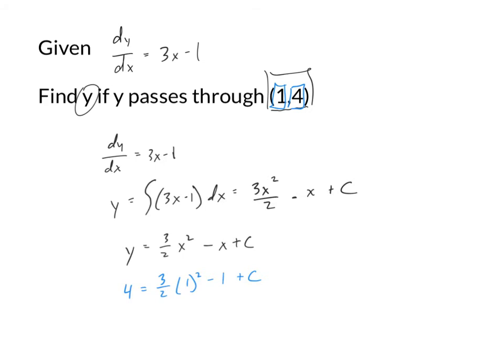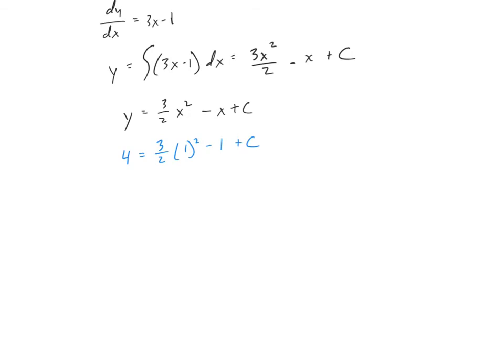Oh, so if I have some more information, I can solve for that constant of integration. And if we simplify this, 4 equals 3/2 times 1 squared is 3/2 minus 1 plus c. 3/2 minus 2/2 is 1/2 plus c.